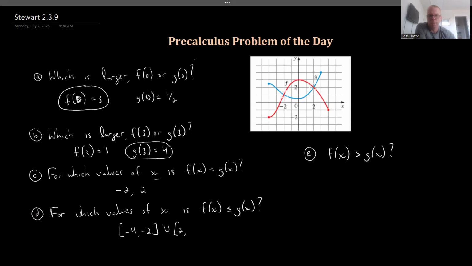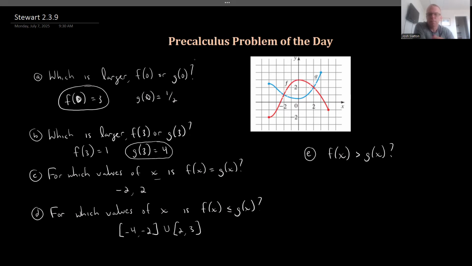So we're going to stop at 3, and we are going to include 3, not because of the equal part, but because 3 is part of the domain of both. When we're looking for where one function is above the other, both functions need to exist in order to make that determination. So G stops at 3, and we don't need to include anything after that, even though f continues out to x equals 4.